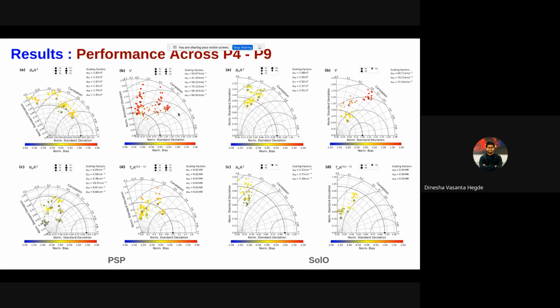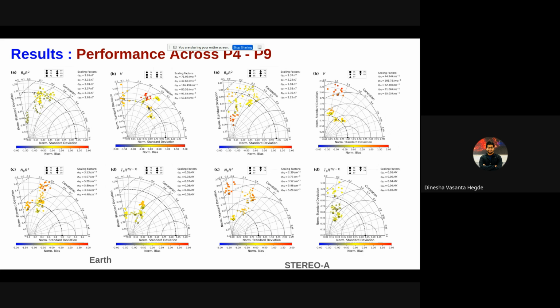This way we can see which encounter is doing well, and we can dig deeper into the problem or understand the evaluation. This is a good approach for analyzing relative variations in the performance. So this is for Earth and STEREO-A. Again, the scatter is different.